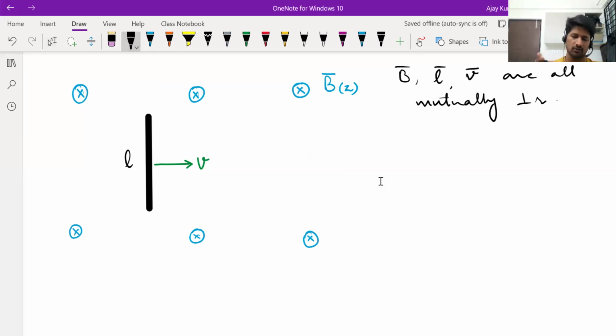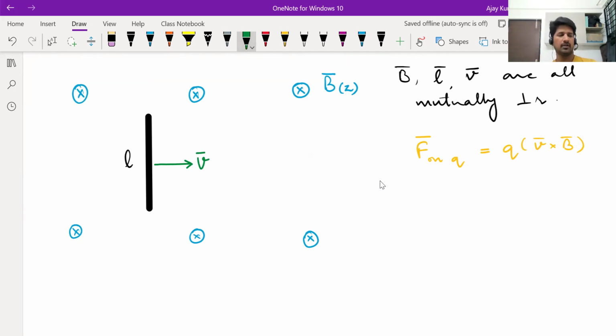Can one of you quickly recollect and tell me the formula for the force experienced by a charge moving in a magnetic field? Force on charge Q is Q V cross B. Correct. Now in this case, we have taken velocity to the right and the magnetic field into the screen.